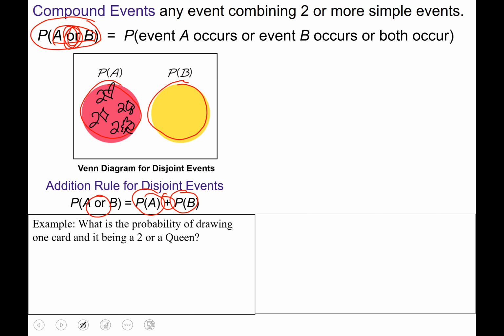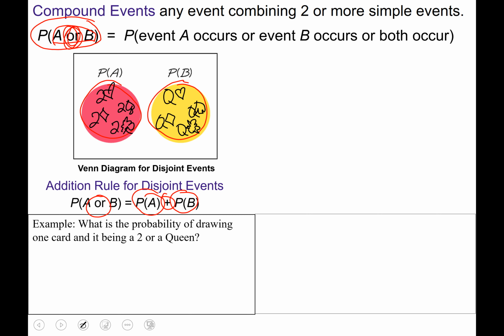Okay, and all of the queens, there are 4 queens. We have the queen of hearts, the queen of diamonds, the queen of spades, and the queen of clubs. Okay, so you can see there's no overlap.